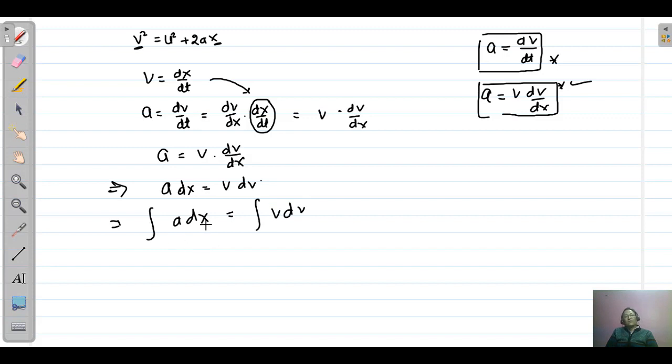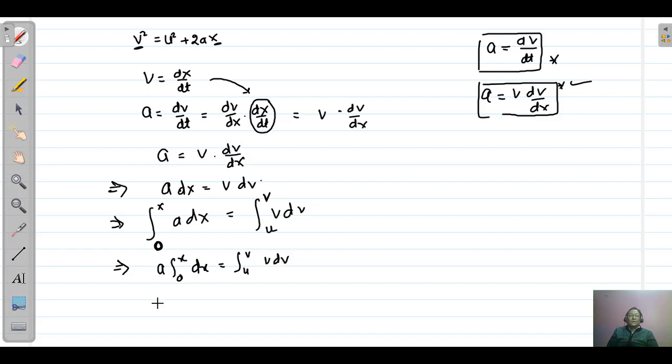Now put the limits. Say the position is changing from 0: initially the object was at the origin and reached x, and the initial velocity was u and the final velocity was v. These are the limits. When we use upper and lower limits, we do not have to use the constant of integration. Since a is constant, it is taken out. We will have a times the integral from 0 to x of dx equal to the integral of v dv, where v is the variable term so we can't take it out.